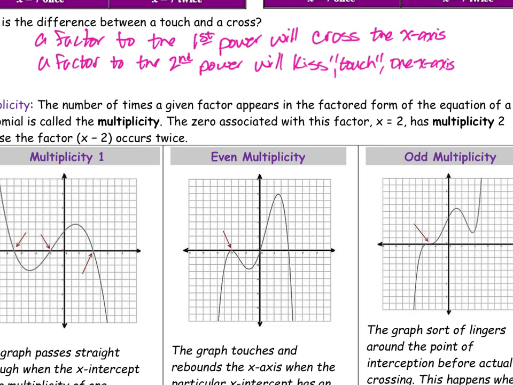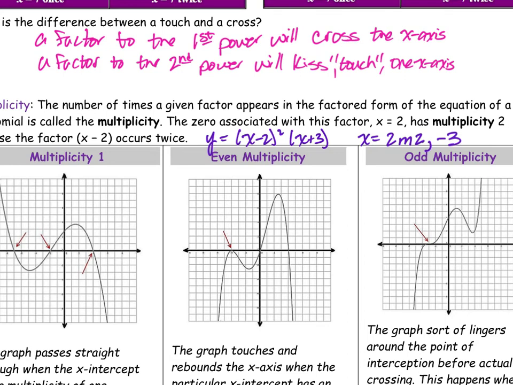So if my equation says y equals (x minus 2) squared times (x plus 3), how I would write my x-intercept answer is x equals 2 with multiplicity of 2, and then negative 3. So if I have a squared, I'm going to show the multiplicity also.